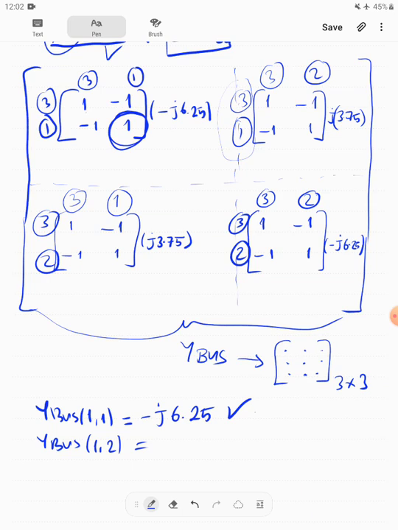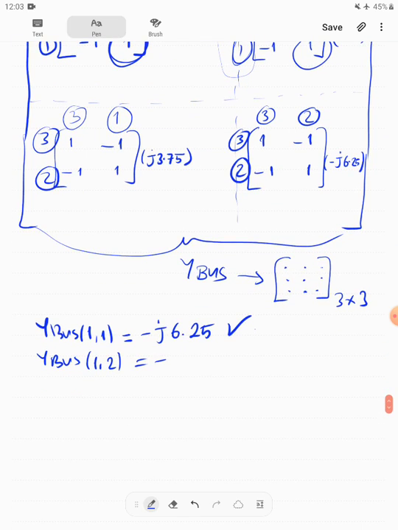Yes, I found an entry like here. Here you see the row number is 1 and the column number is 2. So Y bus 1, 2 will be j 3.75. Okay, let's write j 3.75. What about Y bus 1, 3?